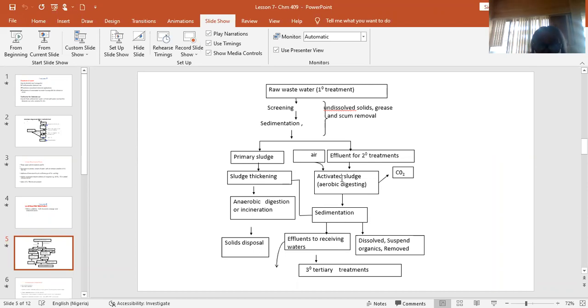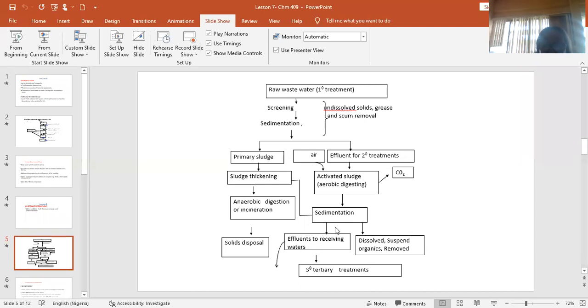So after the secondary treatment plant, and we have had sludge taken out, we now have the treated wastewater, which is clear. This wastewater, if it's sewage, can now be discharged to our water.